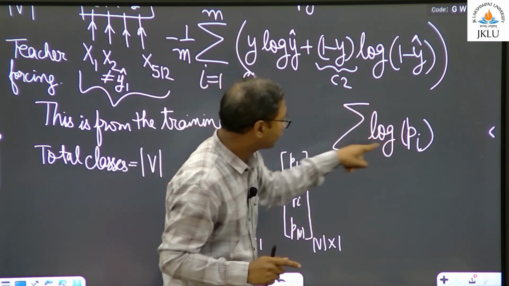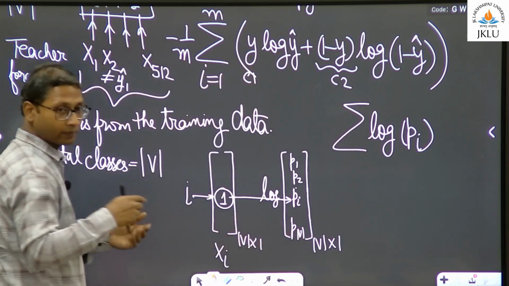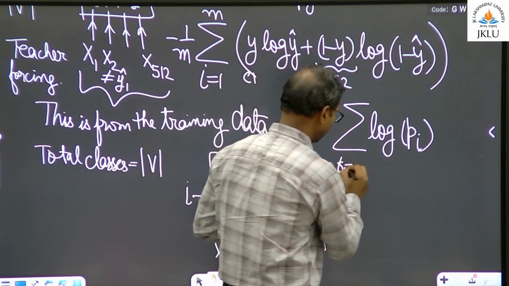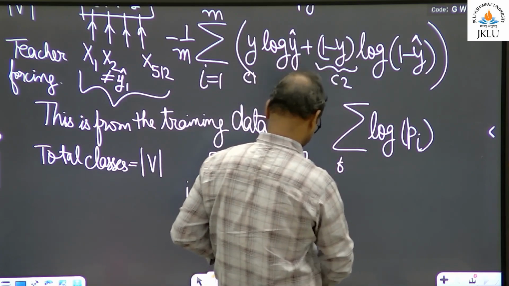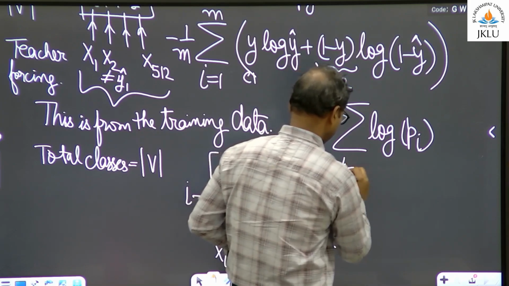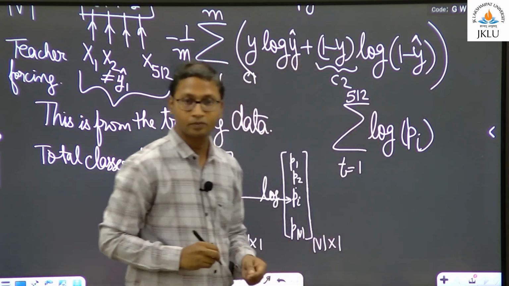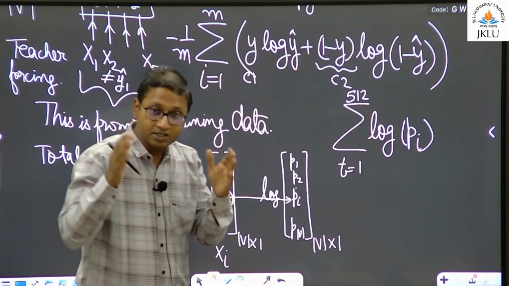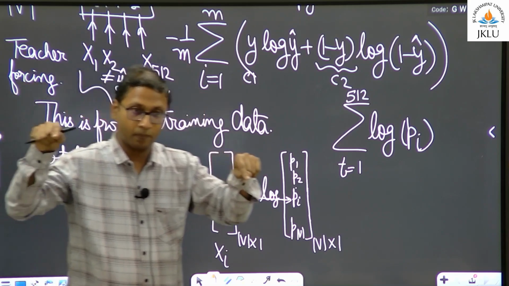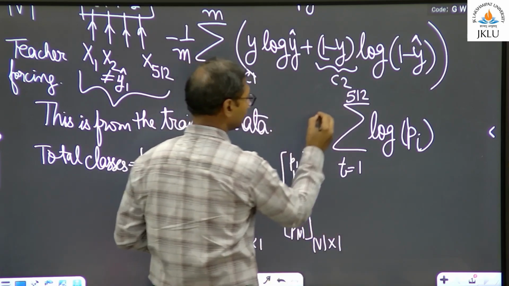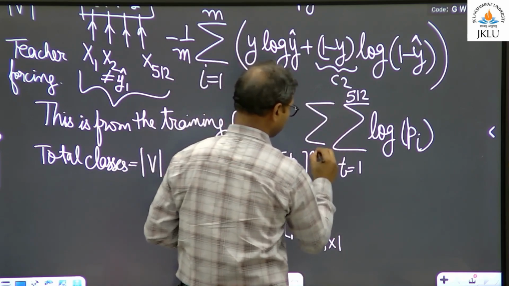Now, you are doing it for how many words? So, I am trying to compute the total thing now. So, t equal to 1 to 512, okay, and this is for just one batch. You are supposed to do this for all batches.